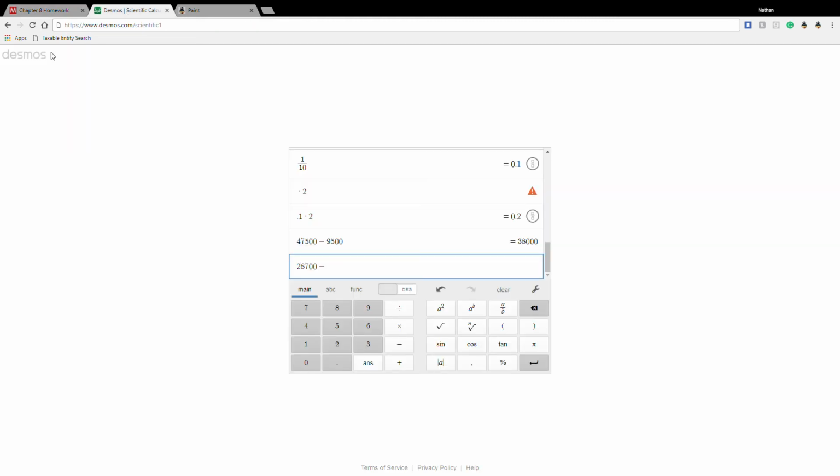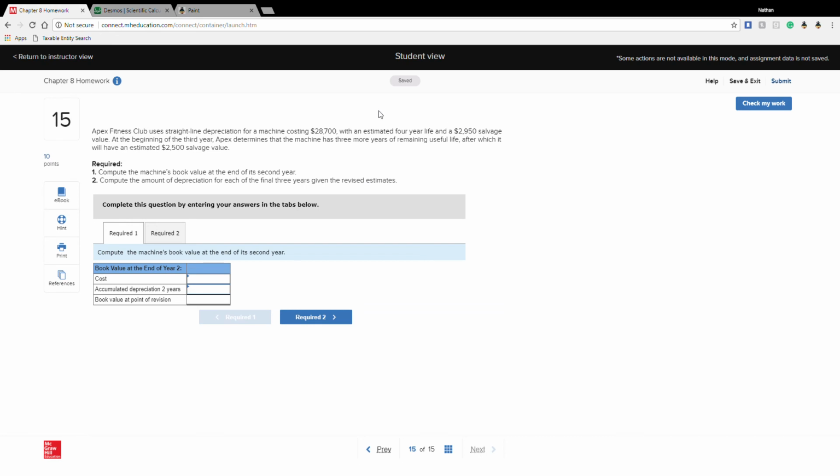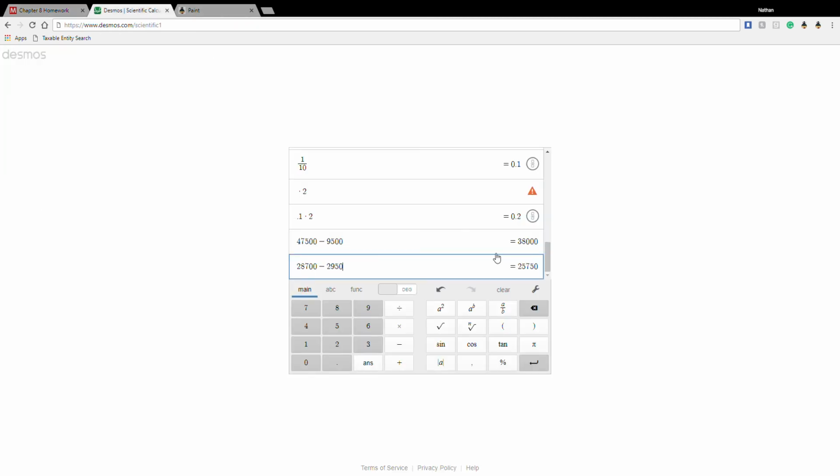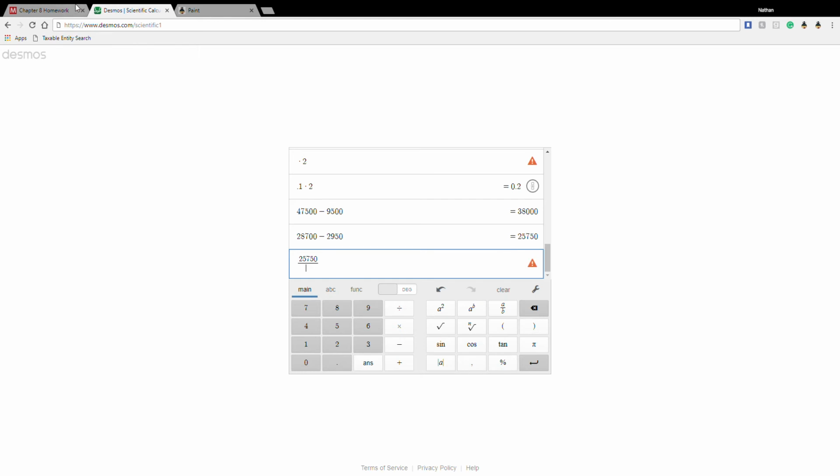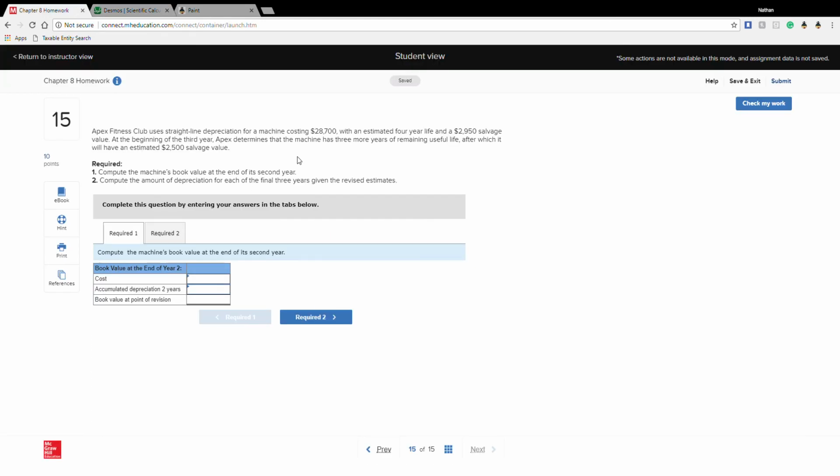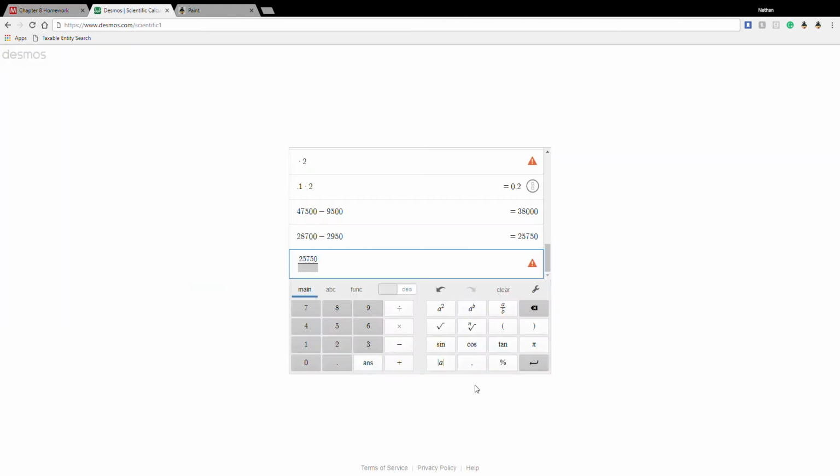So 28,700 minus our salvage value of 2,950, and then take that and divide it by our useful life. So it happens to be the 4 years. Estimate 4 years.